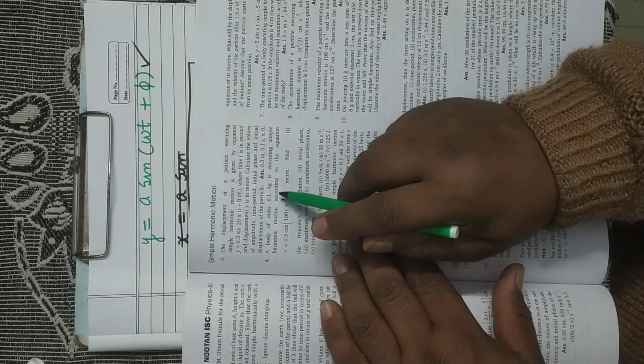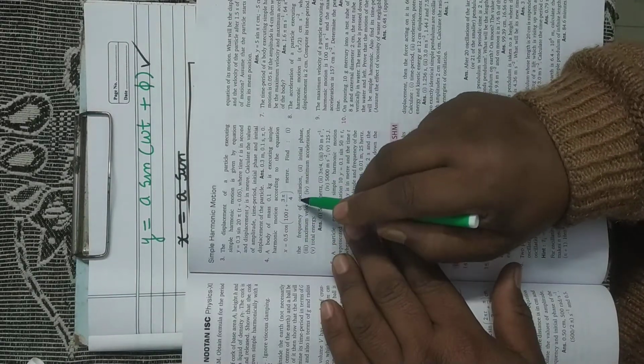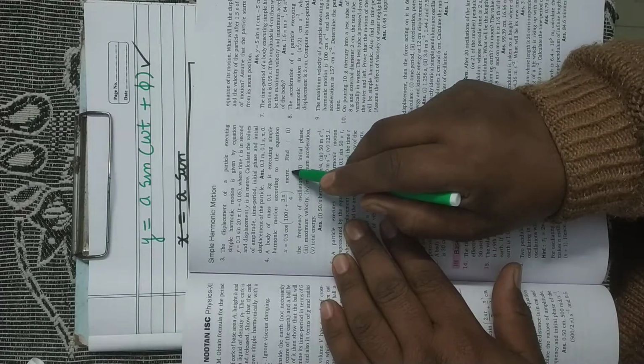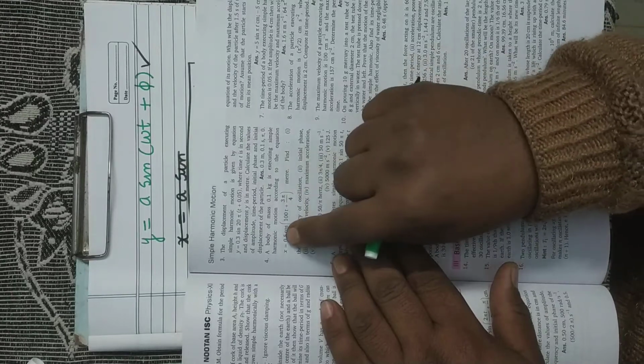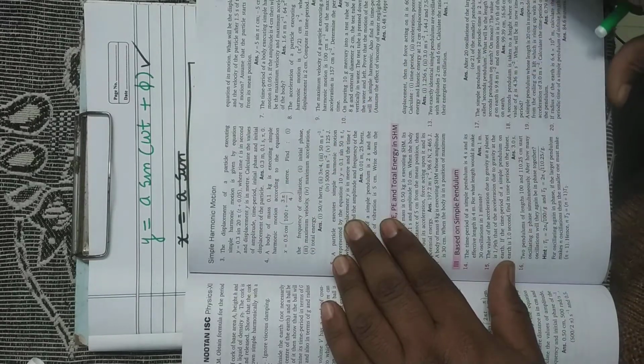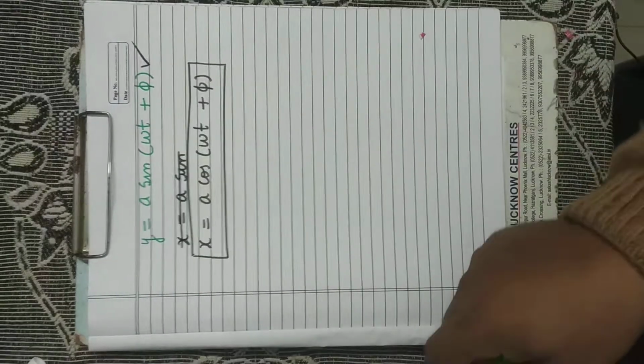A body of mass 0.1 kg is executing SHM according to the equation given, where x is measured in meters, so amplitude is also in meters. First you note this down.